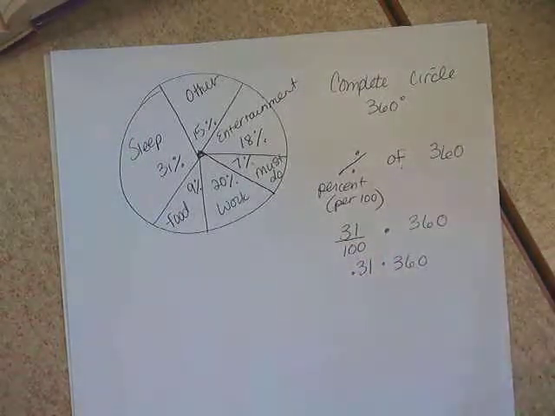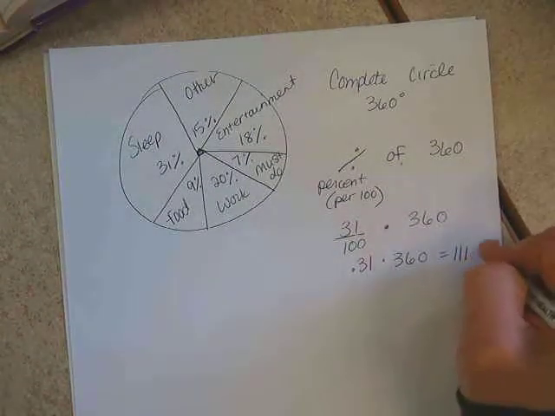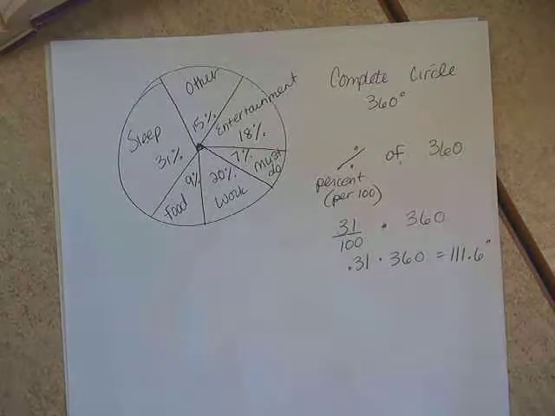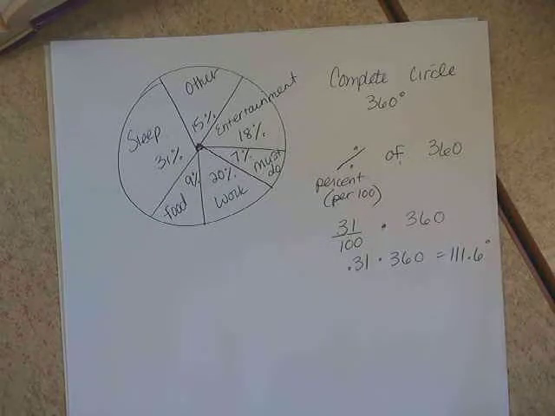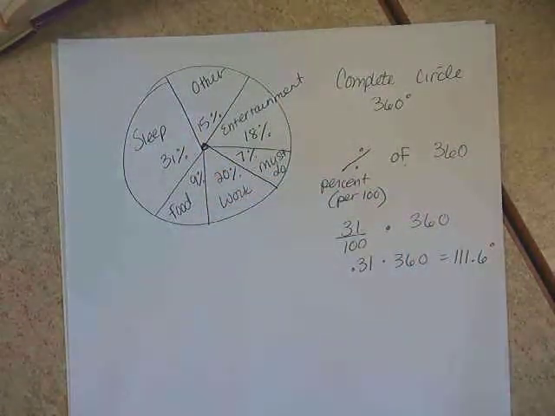Okay, so if I want to know what my angle should be, the decimal form of 31% is 0.31 times 360, which is 111.6, right?